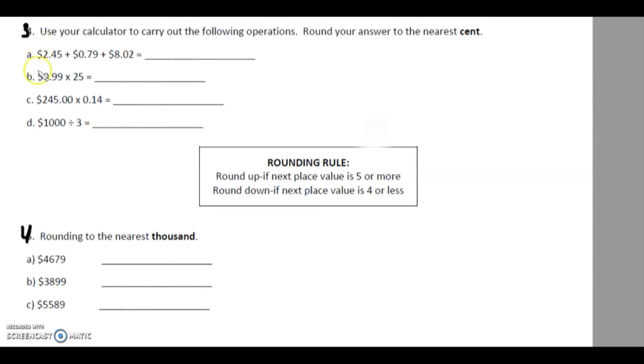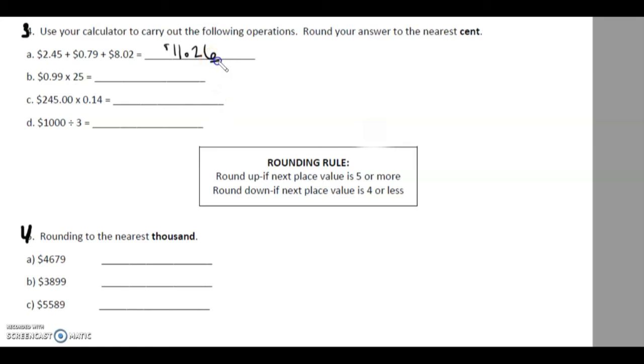Next one. Number 3, use your calculator to carry out the following operations and then round to the nearest cent. So this is just a little bit of calculator practice. So we're going to go 2.45 plus 0.79 plus 8.02. Okay, so I get 11.26.